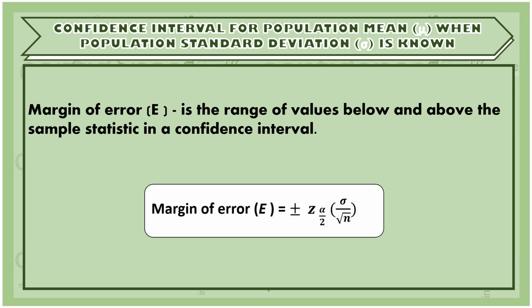For the estimation of the population mean, the margin of error is calculated with this formula, where Z sub alpha over 2 is the critical values, alpha is the level of significance, standard deviation over square root of sample size is the standard error, plus the product of critical values and standard error will be the upper limit, minus the product of critical values and standard error is the lower limit.